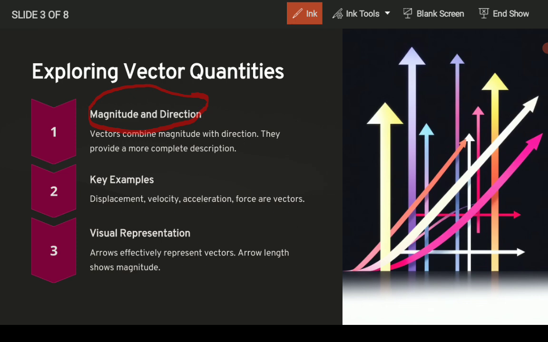In case they ask you in an exam to state the difference between a vector quantity and a scalar quantity, you would say a scalar quantity has magnitude only, while a vector quantity has both magnitude and direction. Examples of vector quantities include displacement, which is distance covered in a specific direction; velocity, which is the rate of change of displacement; acceleration, which is the rate of change of velocity; force, and the others.